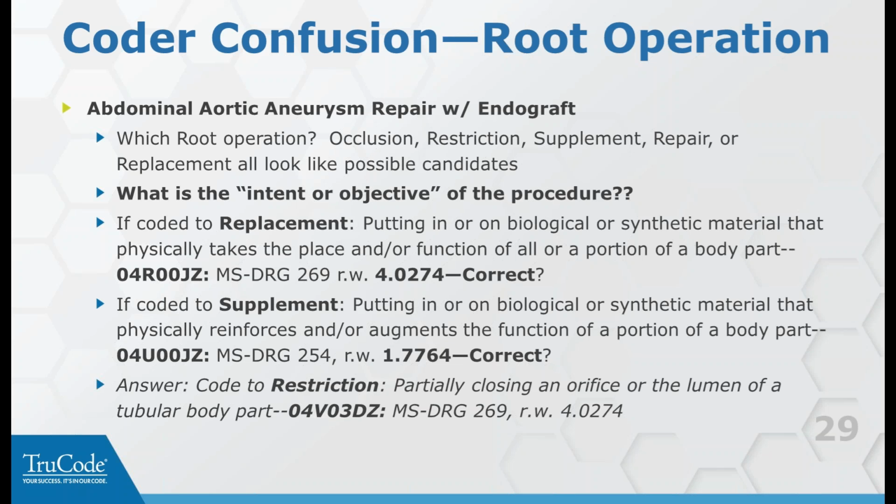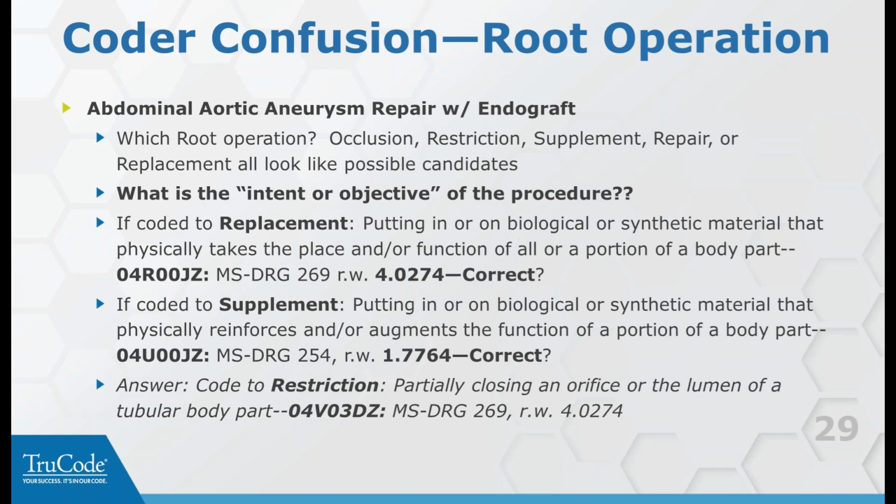The correct root operation for repair of an abdominal aortic aneurysm is restriction, where you're partially closing an orifice or the lumen of a tubular body part. Again, I talked to you earlier about if you're doing something on a tubular body part, you need to look at the root operations that apply to tubes first and foremost.